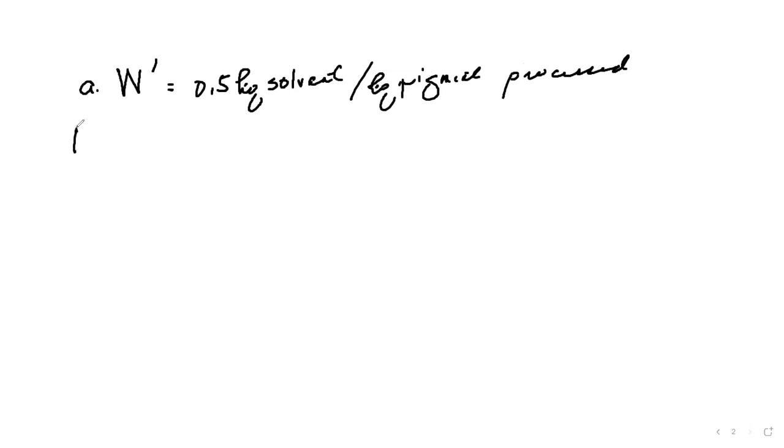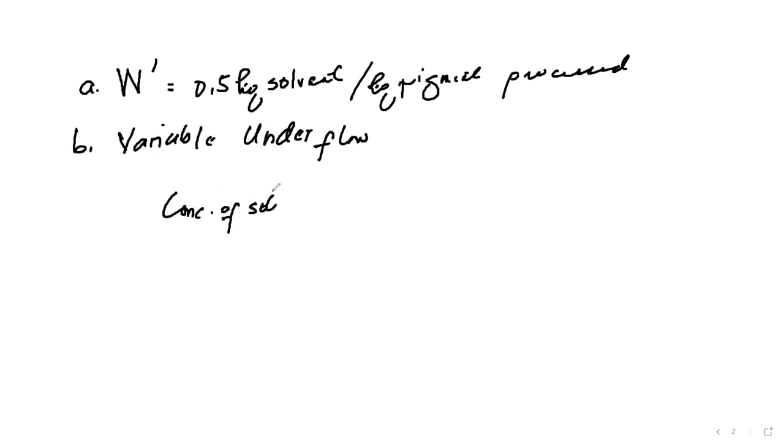For letter B, that's when we have a case of variable underflow. And you have this set of data. So we have concentration of solution, in kilogram solute per kilogram solution.